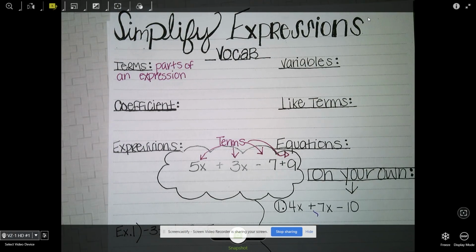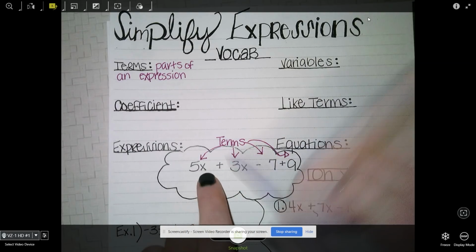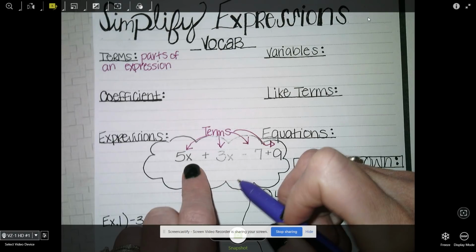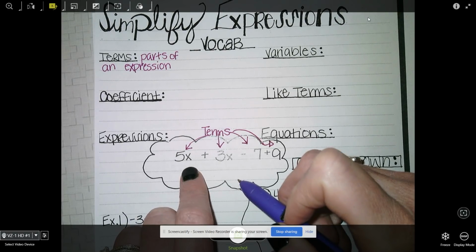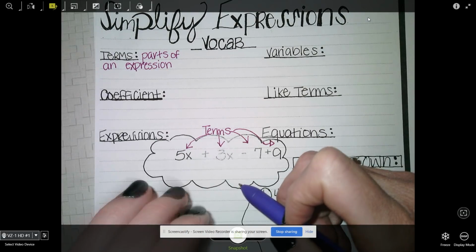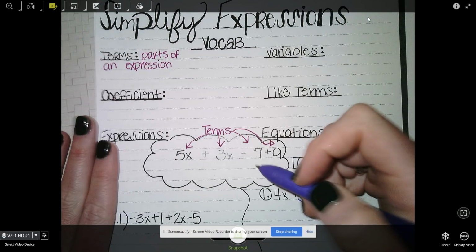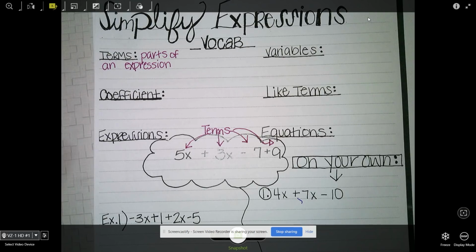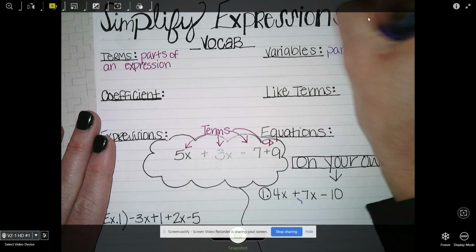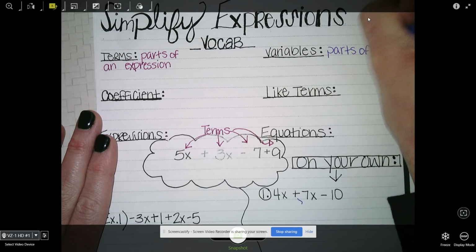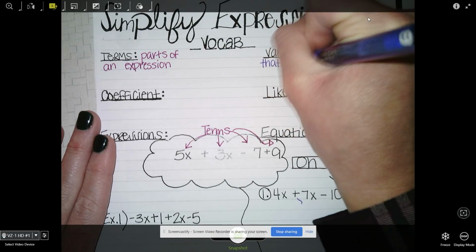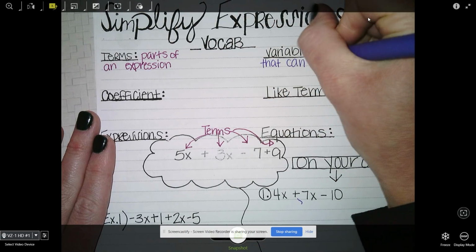Now our variables, those are going to be these that have the letters. So in this situation, it is an x, but it isn't always an x, and it can be different letters that are our variables. And variables are the parts that are unknown or could change, just like the word vary means that it varies from person to person or something along those lines. So variables are the parts of the expression that can change or are unknown.